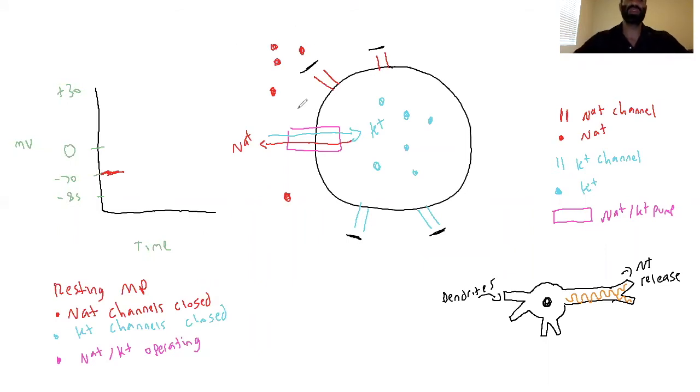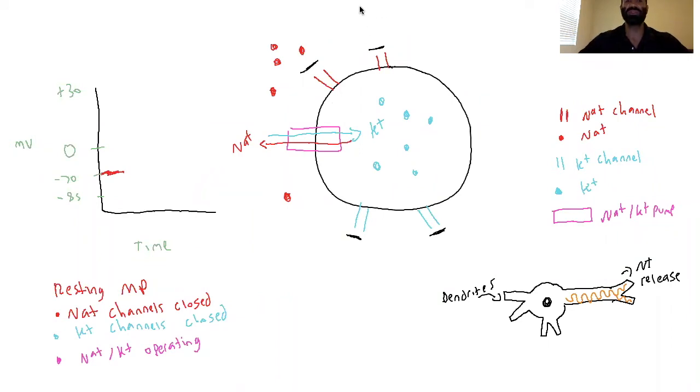If we take off the gates for the potassium channels, potassium is going to go down its concentration gradient, because recall that channels have to be passive. It's going to go down its concentration gradient, and the cell would become more negatively charged compared to the outside. Instead of our curve going like this, which we want, it would go like this, which we don't want. So that's a bad idea.